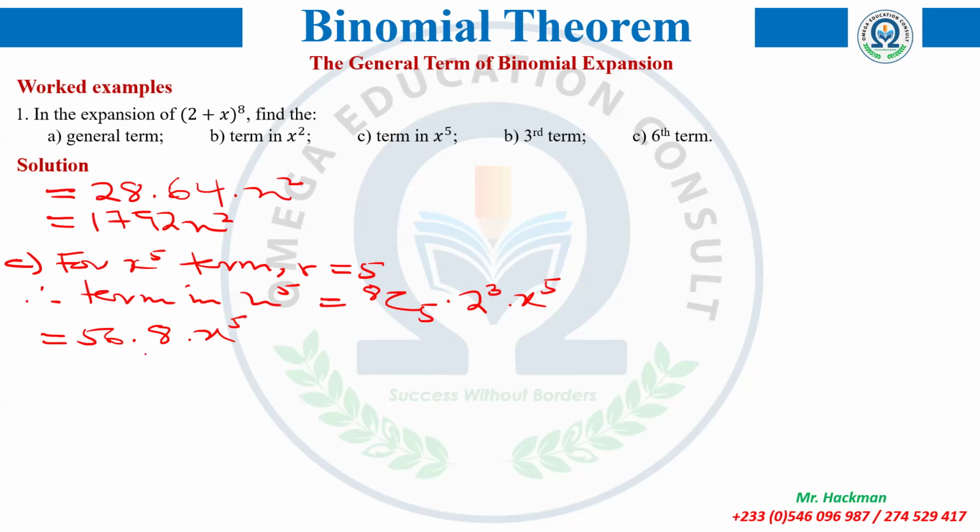My professors, are you there? Yes, sir. So the last statement will be 56 times 8, 448, then x to the power 5. So this will be the term in x to the power 5 without necessarily expanding. You get it? Yes, sir. Okay, very good.